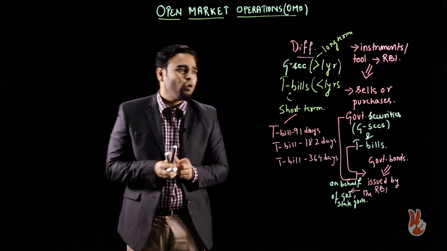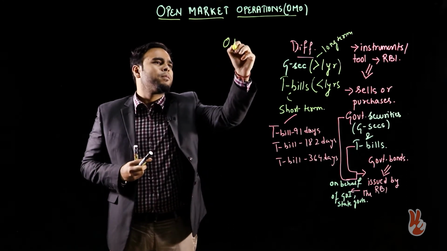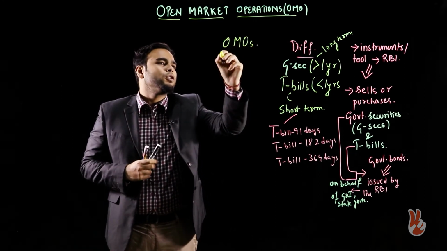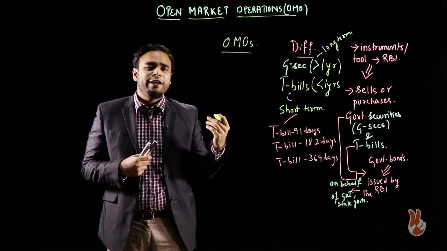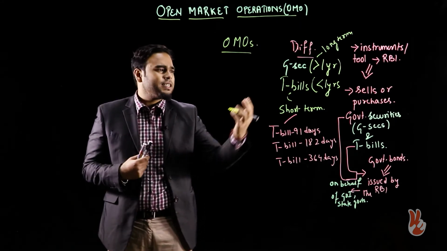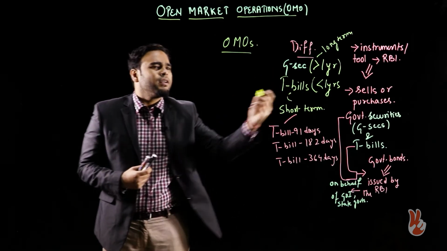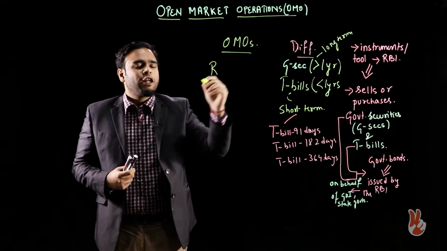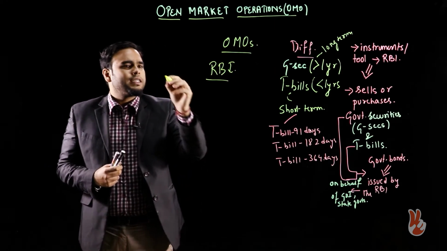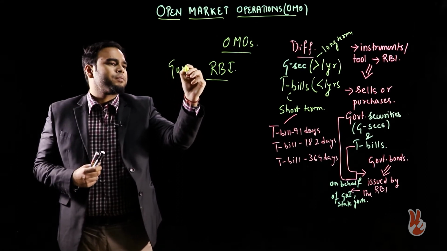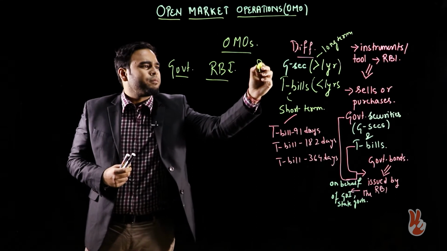So what is this OMO now? OMO is nothing but an instrument which is used by the RBI in order to sell or purchase these government securities or Treasury bills. Fine. So if this is the RBI, now let me give you an example here. This is RBI, this is the government, and then here we have the public.